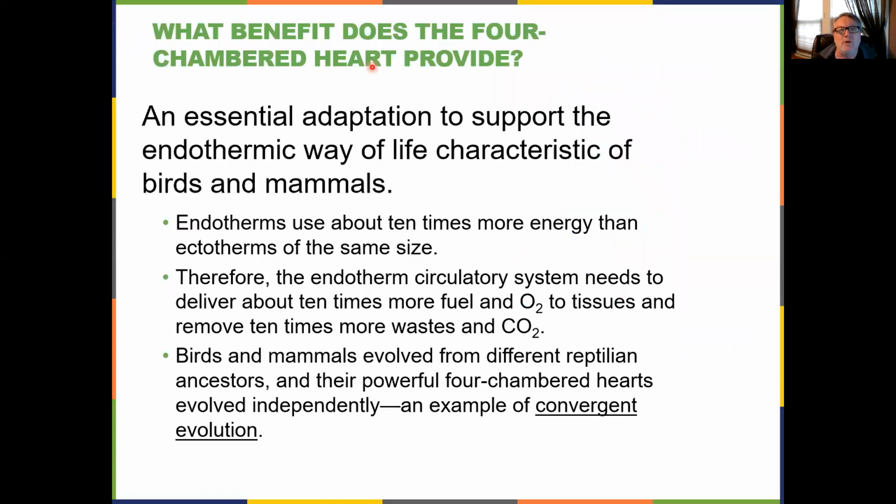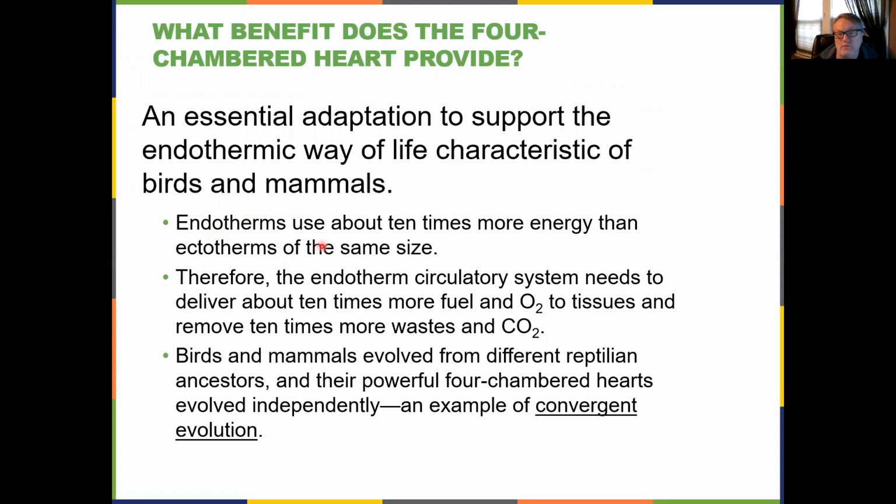Now, when we look at adaptations, as we get to the true four-chambered heart that we see in mammals and birds, it is very important for supporting endotherms. Remember, endotherms have to generate all their heat from internal production of ATP.